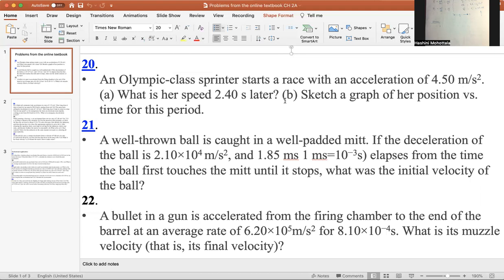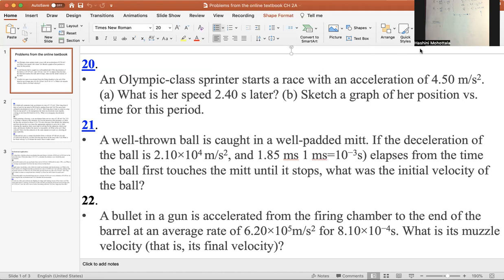Now, the problem states that the sprinter starts the race with an acceleration of 4.5. So when someone is starting a race, that person's initial velocity is 0, right? So at this point, we have two things already: the initial velocity is 0, and the acceleration is 4.5.